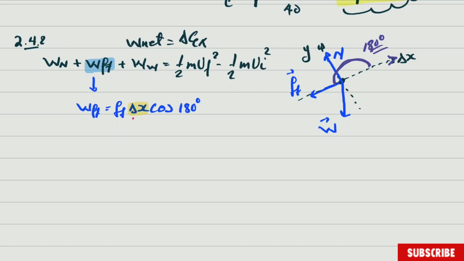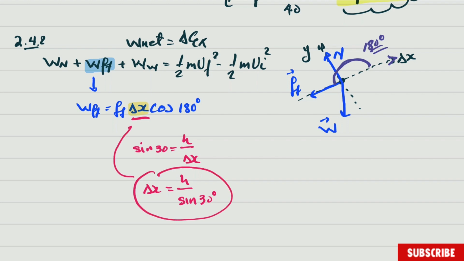So here we have to know that tan theta, or tan 30 degrees, is equal to h divided by the displacement. And if you rearrange this for displacement, you can see that the displacement is going to be equal to h divided by tan 30 degrees. Now all this can be substituted in there.